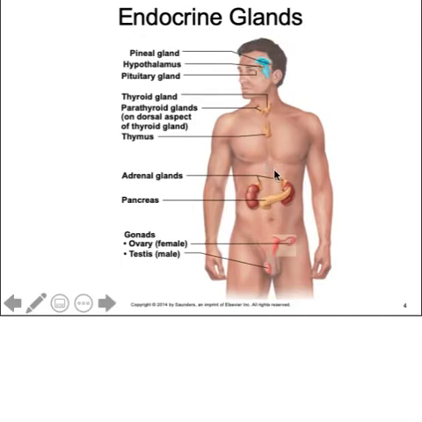Then the pancreas is going to produce insulin and glucagon, and those control blood sugar levels. And the gonads produce hormones that regulate secondary sex characteristics and the reproductive cycle. Those are things like testosterone, estrogen, and progesterone.